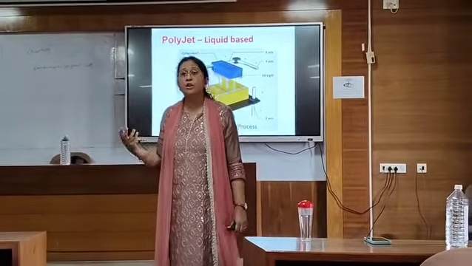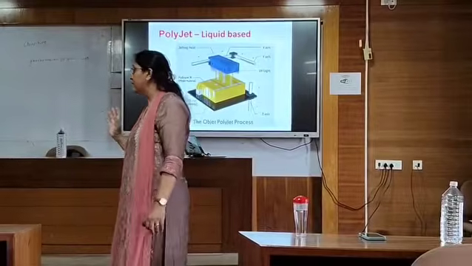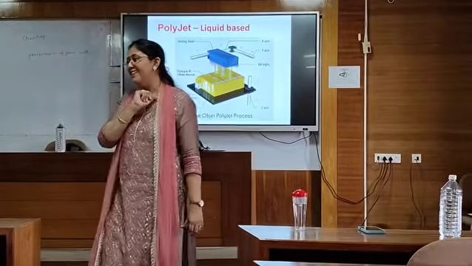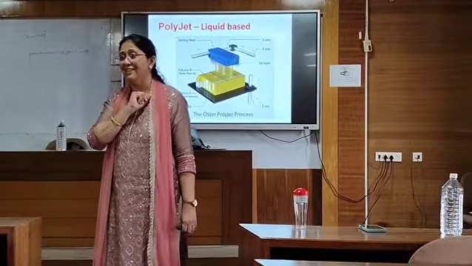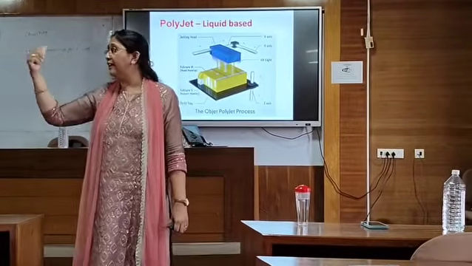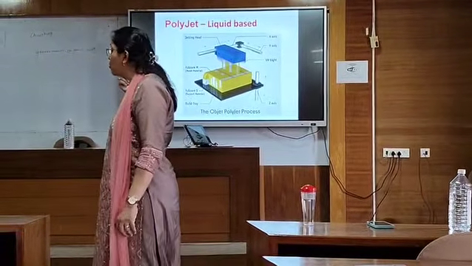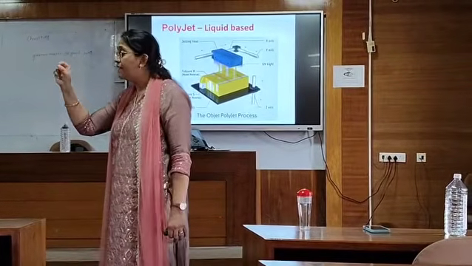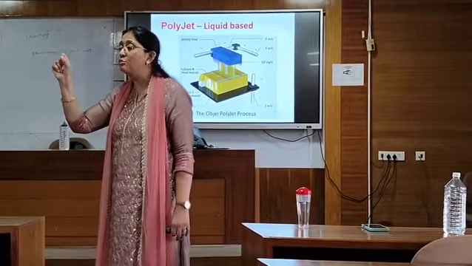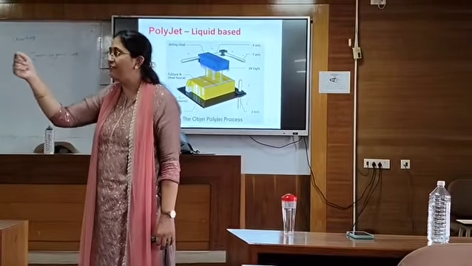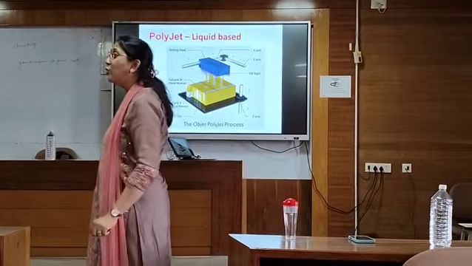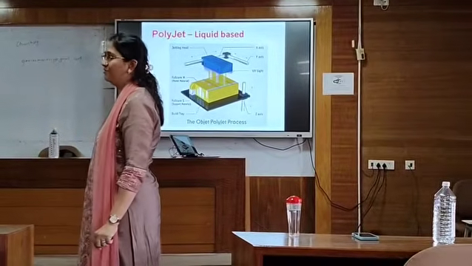So this is PolyJet. But the beauty of PolyJet is that the layer thickness you can maintain is 16 microns. And one more thing, this PolyJet is used for manufacturing caps that you require for small electronic devices, even for semiconductors. The outside caps that you require, you can manufacture with PolyJet.